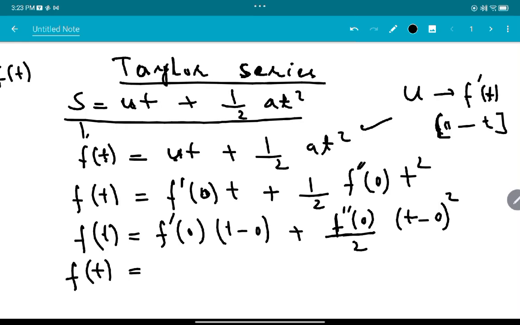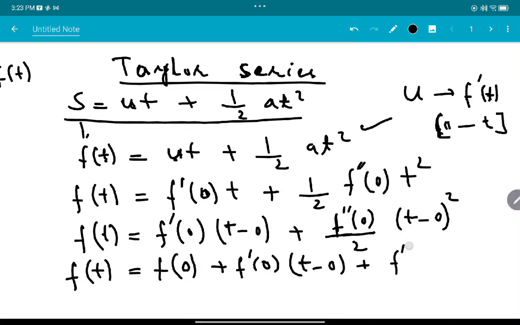But in general, we can have a term here that would represent the value of distance traveled by the body at t equal to 0. That is f(0) plus, which in this particular case is 0, and then the other terms: f dash 0 into t minus 0, plus f double dash 0 divided by 2 into t minus 0 square.